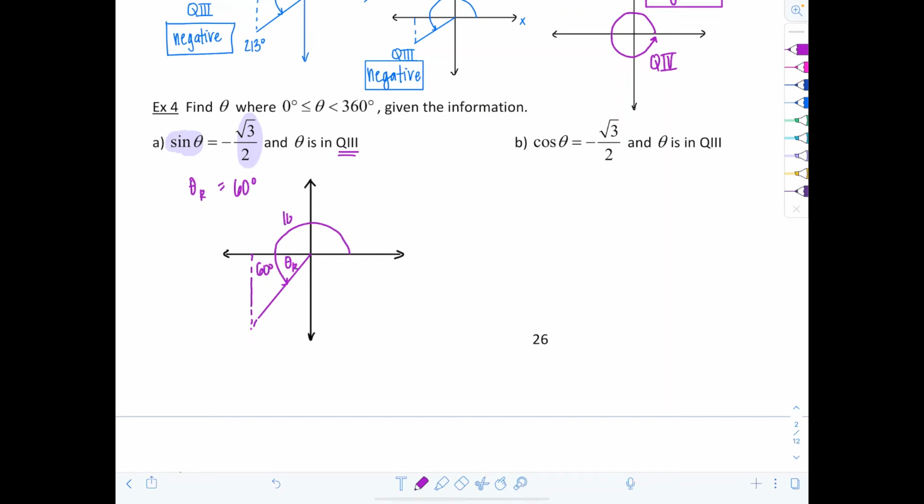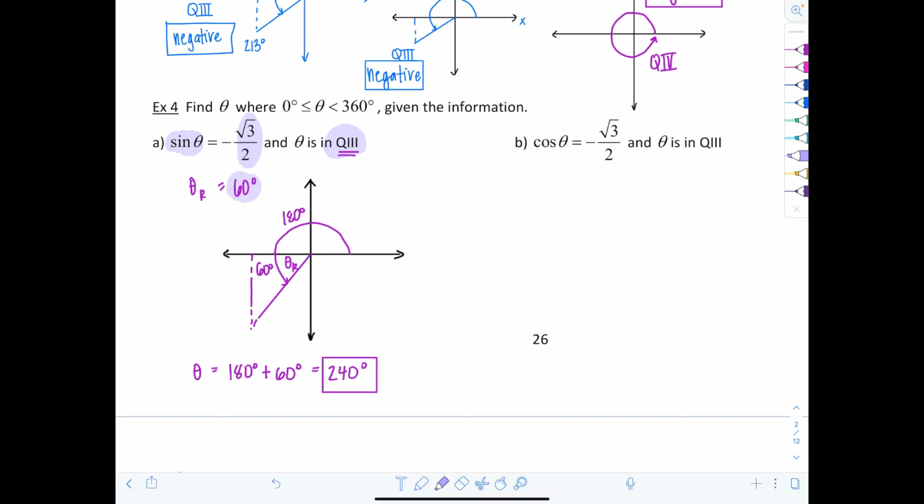So this is 180 plus another 60, so that means theta, my original angle, is equal to 240 degrees. So that's all they're asking you to do, is figure out what the original angle was, theta, that got us to quadrant 3, that had a 60-degree reference angle. The 60 degrees you have to figure out.